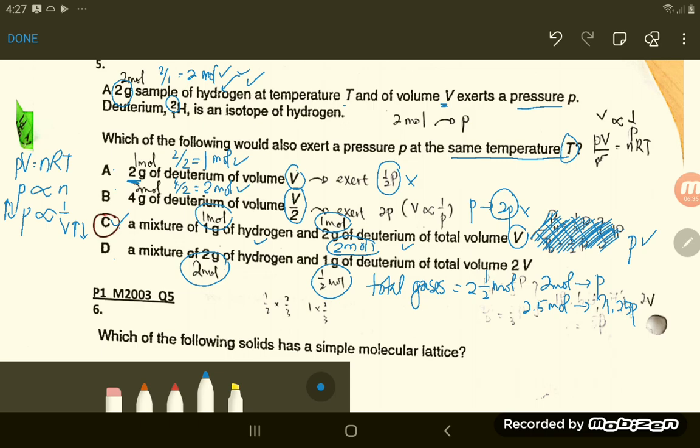Okay, now this pressure is exerted with the consideration we have 2.5 mole of gases. Okay, but the V has changed to double, so if V doubles, pressure becomes half. So it will be half of 1.25, so it becomes 0.625 P. Okay, so therefore this statement does not fulfill what the question requires.